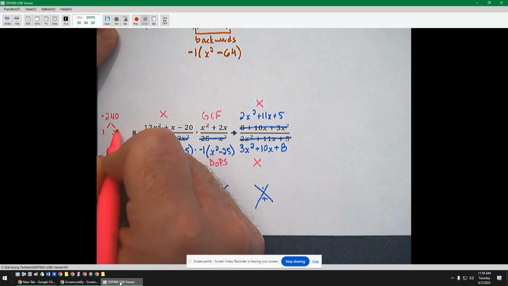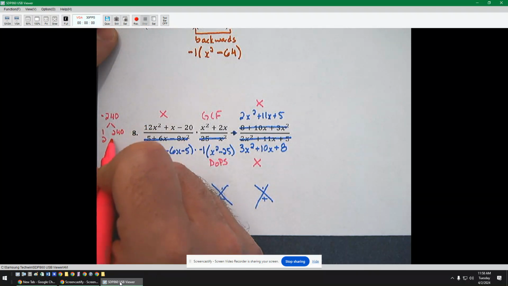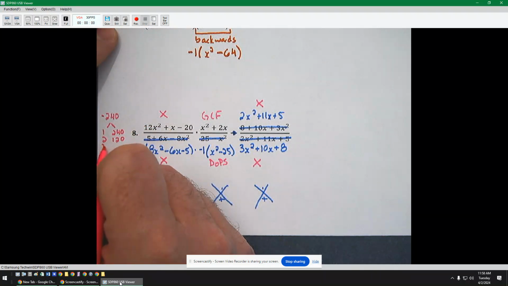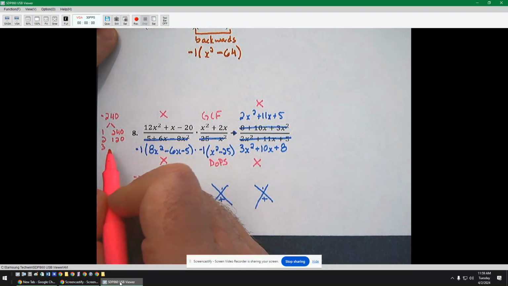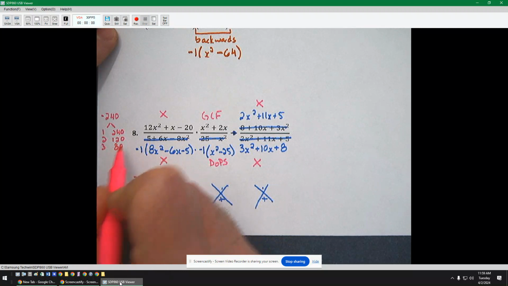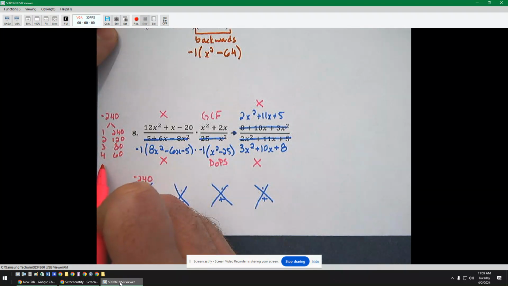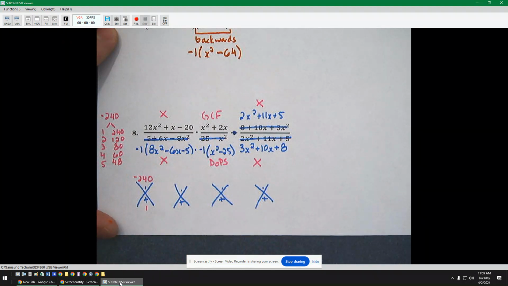So 1 and 240, 2 and 120, 3 and, would it be 80, I think? Yeah, 80. 4 and 60, 5 and, let's see, 12 times 5 and 48. I'm going to double check that one.